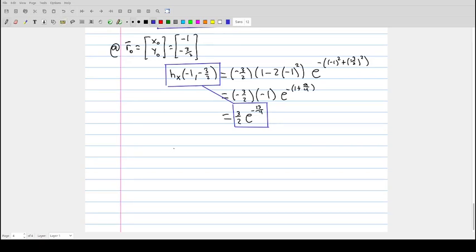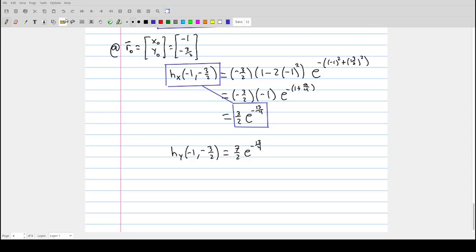Furthermore, if you go through and get hy at this point, you'll see that hy, or the y partial derivative of the function, on the trace for x equals -1 is equal to 7/2 e to the -13/4.